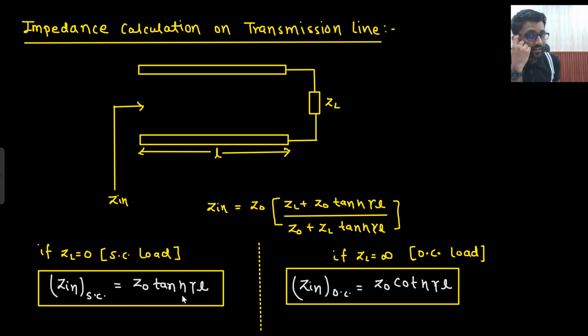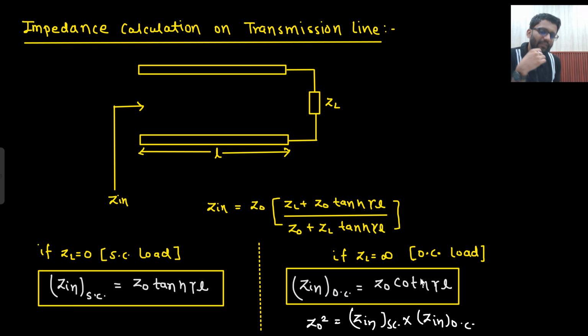Now what do you see here? If I multiply both of them, Zin short circuit into Zin open circuit, what will I get? Z0 square, because coth gamma L into tanh gamma L is 1, and Z0 into Z0 is Z0 square.